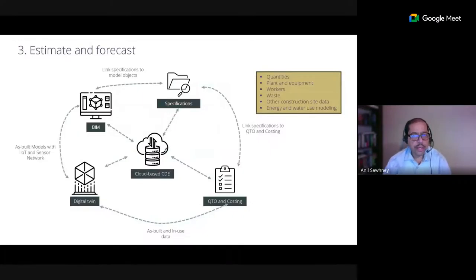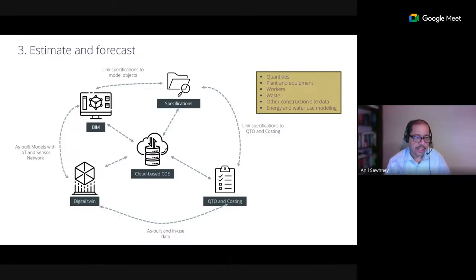Then you're going to go and estimate and forecast. So you will have an energy and water use model plus your BOQ. You can use BIM, you can use a digital twin, you can use any other technique you want to use. Maybe you would require the help of an estimator, cost consultant to get you this information. Maybe you'll need an energy modeler to get you the energy and water use for your project.